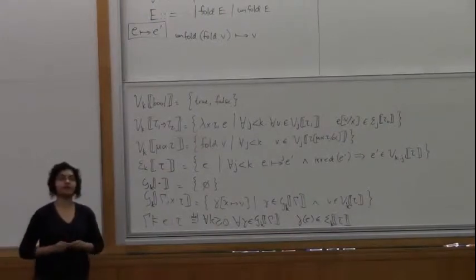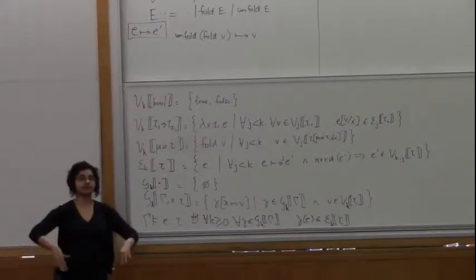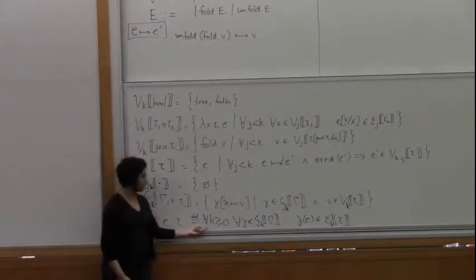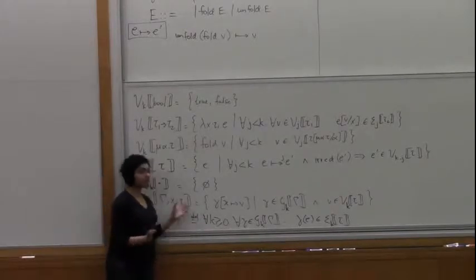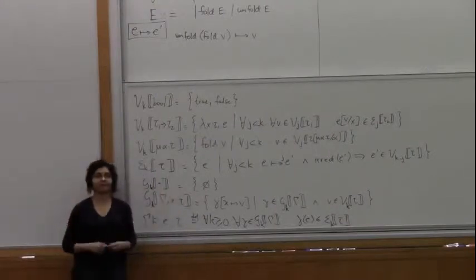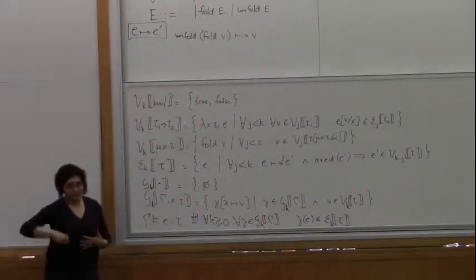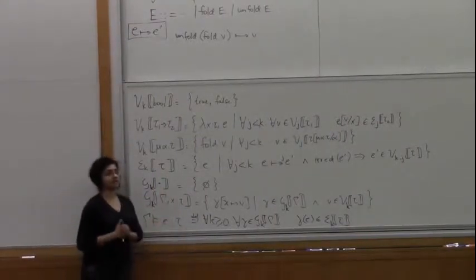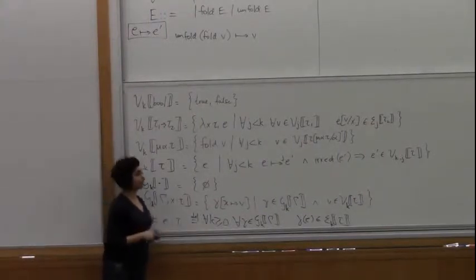Okay, so what happens is you constantly work at some level of approximation, but since you prove this for all k, that tells you that in the limit, E actually behaves like it has type tau.